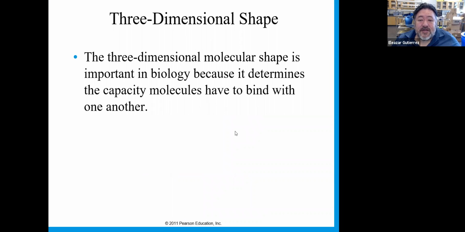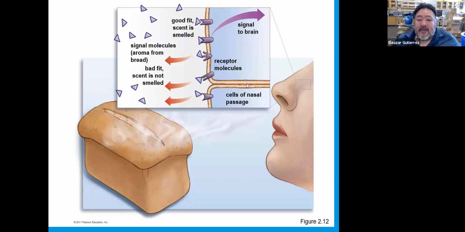Okay, the three-dimensional shape of a molecule. Your author is kind of terse with this, but effectively, one example that he gives is, if you're smelling something, the neurons in your cribriform plate in your nasal passage have a very specific shape.